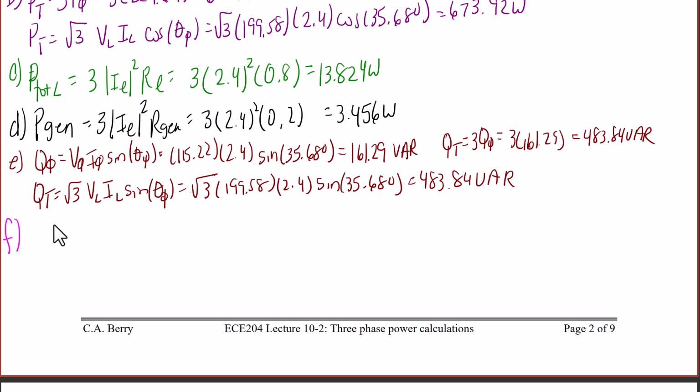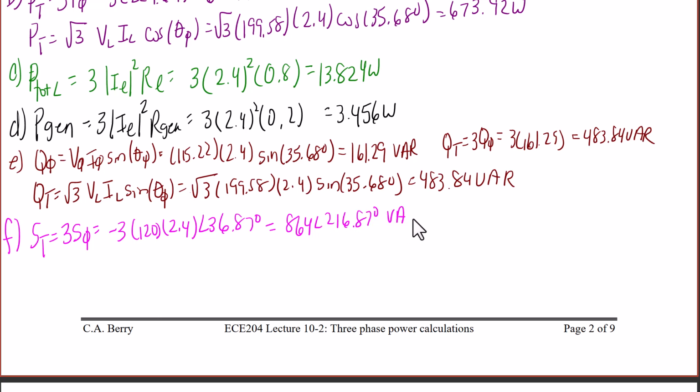Part F. So S total is equal to 3 times S phi, or -3 because it is delivered, 120 times 2.4 with an angle of 36.87 degrees, which is the same as 864 with an angle of 216.87 degrees volt amperes, or in rectangular form, -691.20 minus J 518.4 volt amperes.